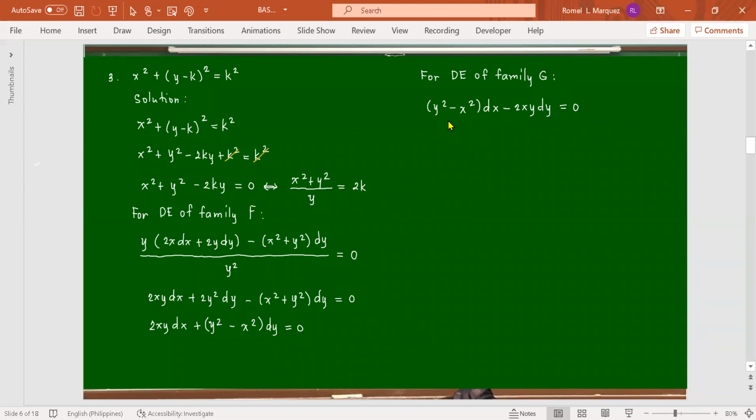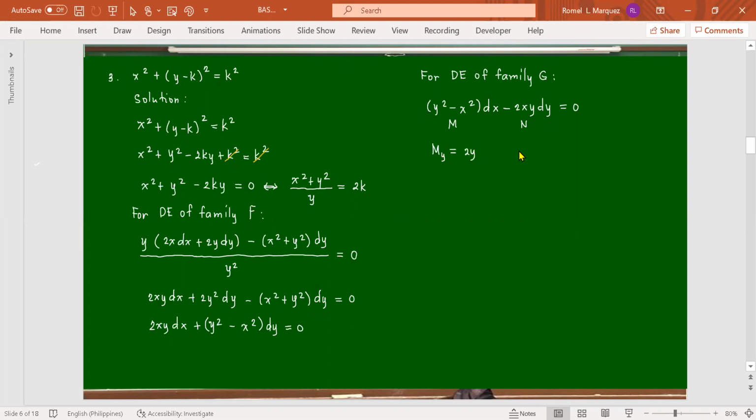Let's check if I consider this M, and this one N. So I will have the partial derivative of M with respect to y equal to 2y.